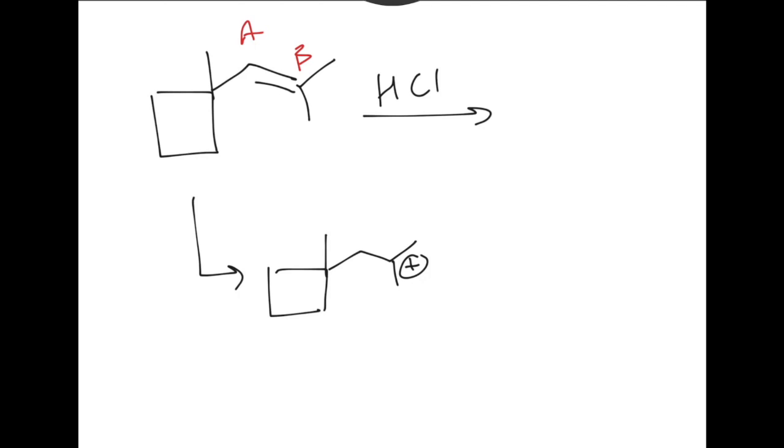That carbocation has to be right beside the ring. If it's not, you don't have to worry about a ring expansion. It's just going to react like it normally would. So far, so good?